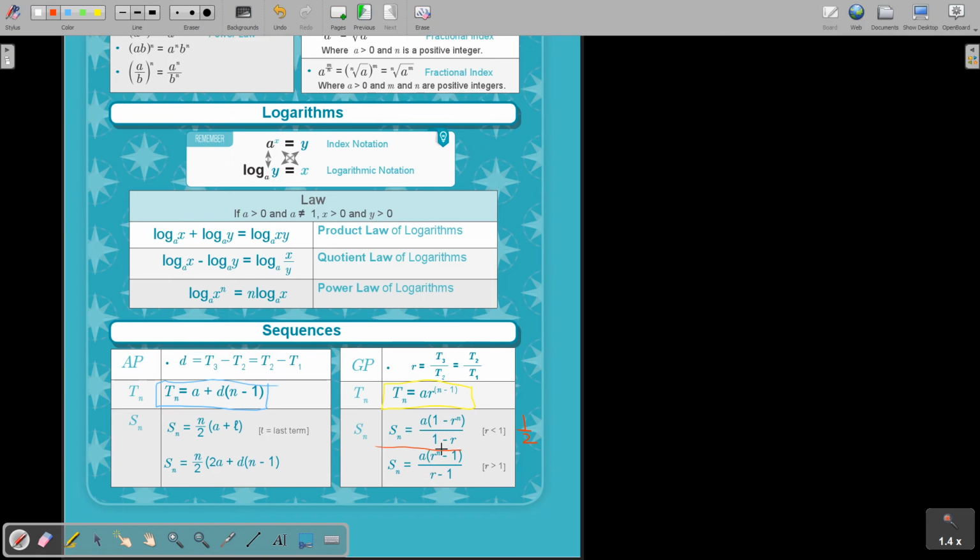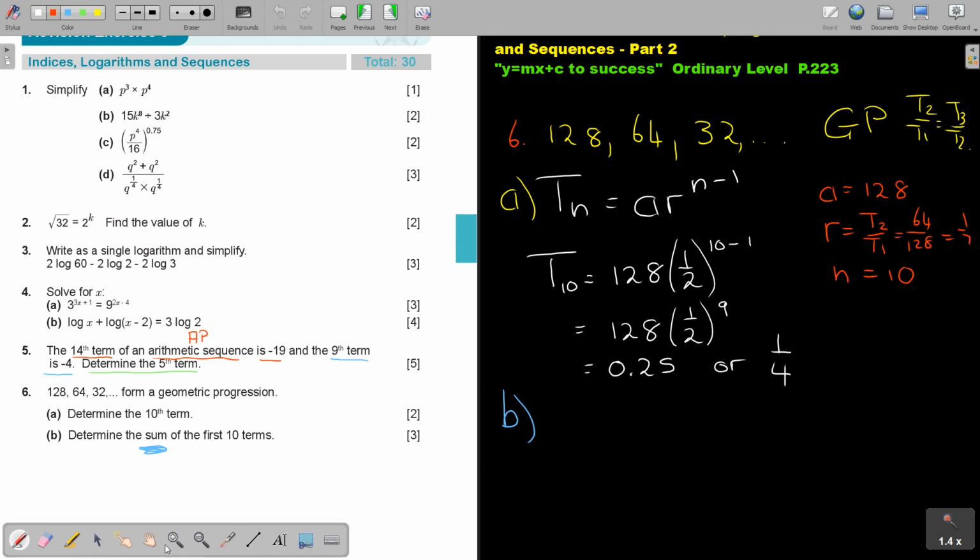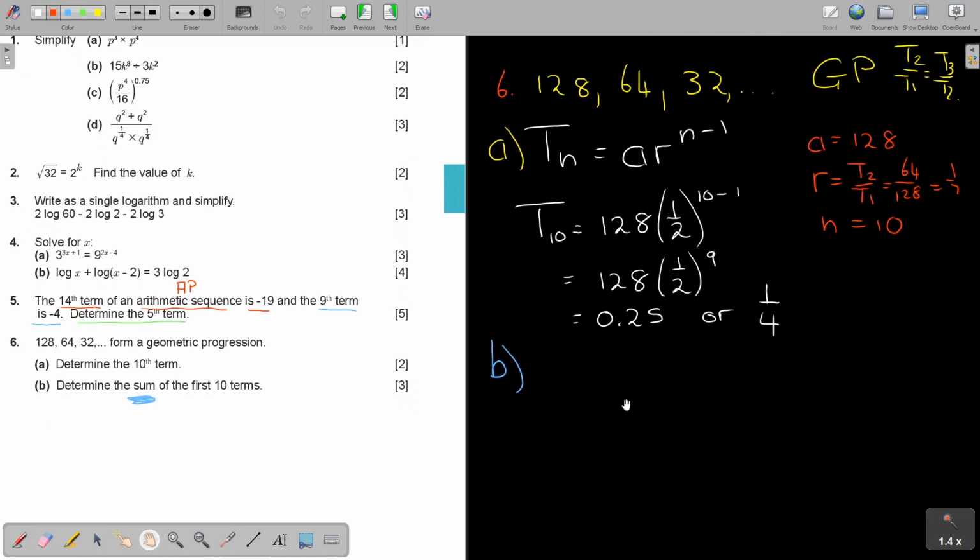Okay, so let's just go back. I'm just going to move it a little bit up. And I'm going to say 6b. I'm just going to start with the formula. So it's going to be Sn equals A, and I put the ones in front.